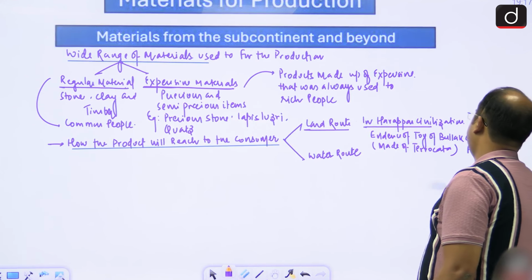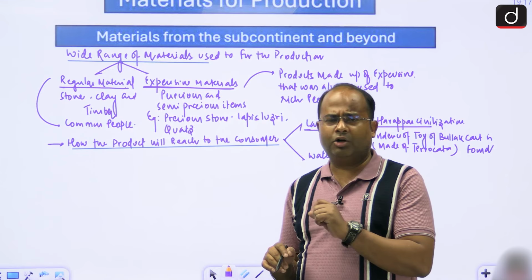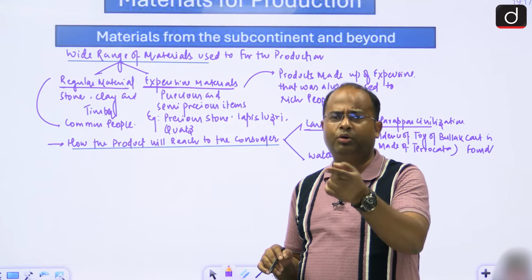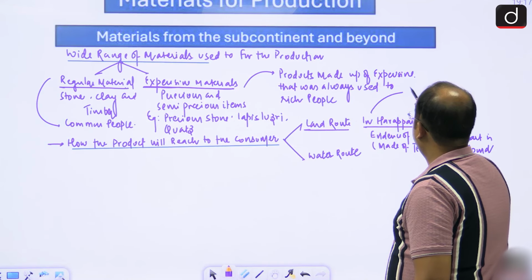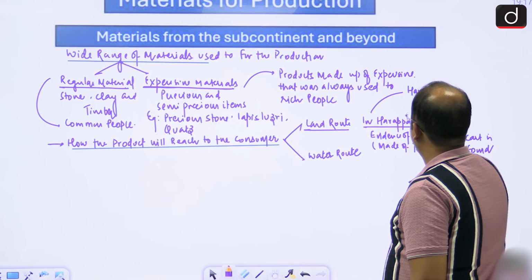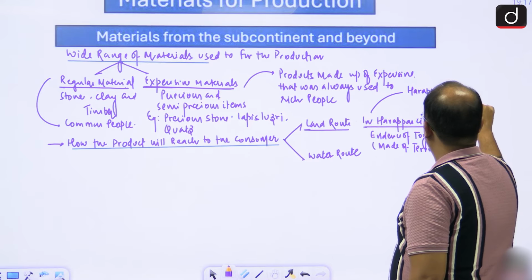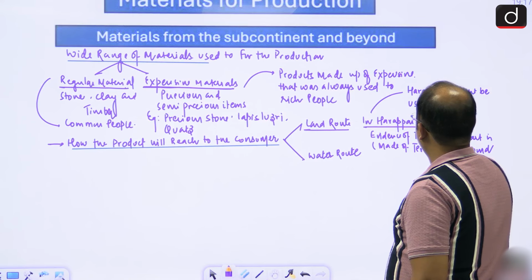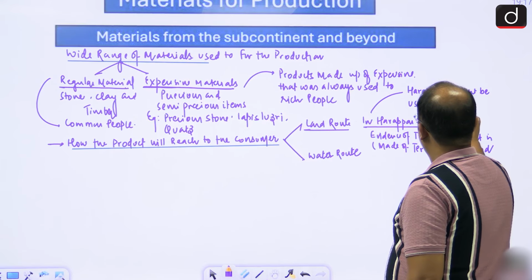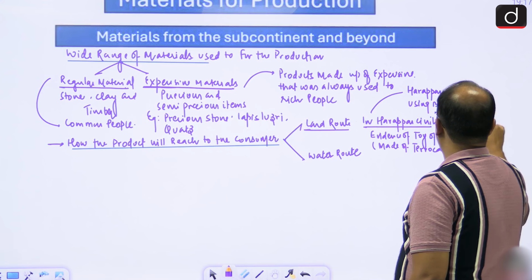And if the evidence of the toy of a bullock cart is found, then we can conclude that they might be using bullock carts for transportation. So we can conclude that the Harappans might be using bullock carts for transportation.